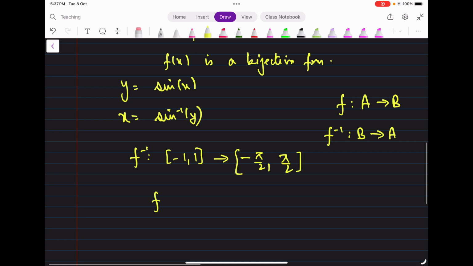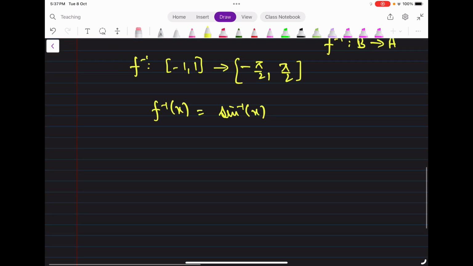In this situation, f inverse is nothing but sin inverse x.